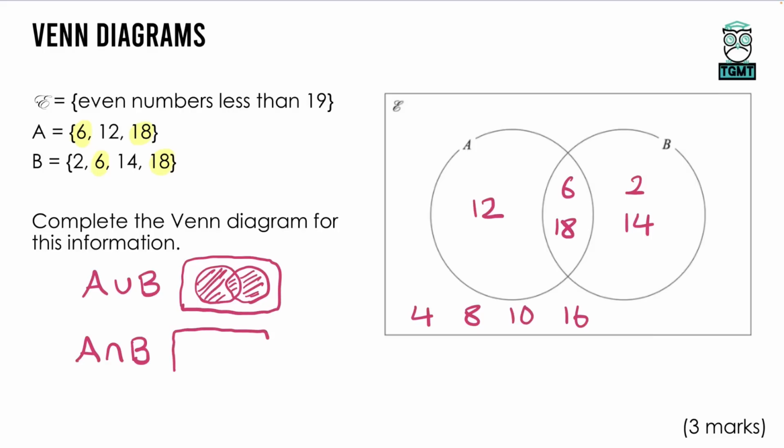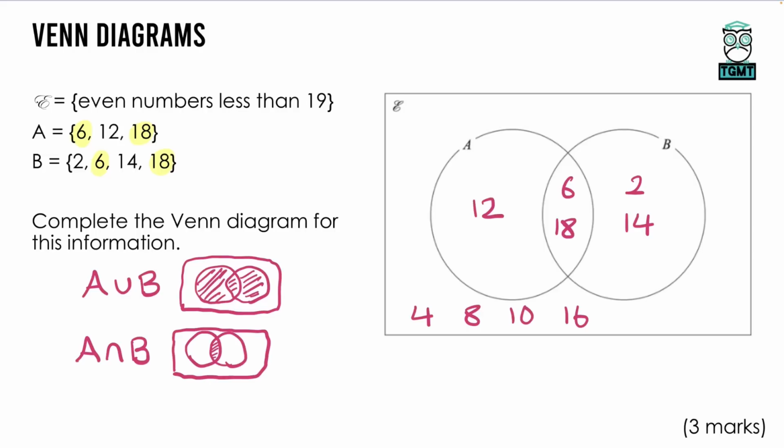And if it asks you about the intersection, in that scenario, you are just looking at that intersection between the circles. So here, the numbers in A, and I'll refer to them as U and N. In A intersection B, you've got 6 and 18. In A union B, you have 6, 18, plus the 2, the 12, the 14.